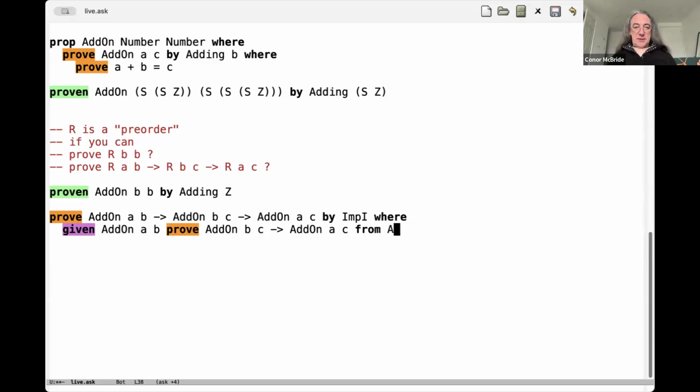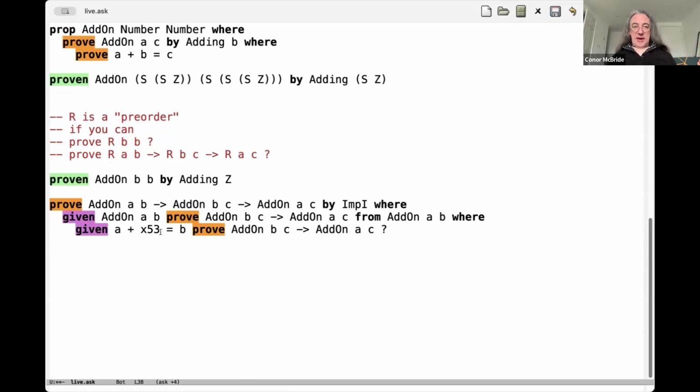So we say from add on A, and then it makes up a stupid name for the thing. There's some X that got added to A to make B. Well, that's good news because there's a B in my goal, and I can get that substituted out if I say from B equals A plus X. So I choose an equation which has a variable on the left and something that I know it's equal to because of this assumption.